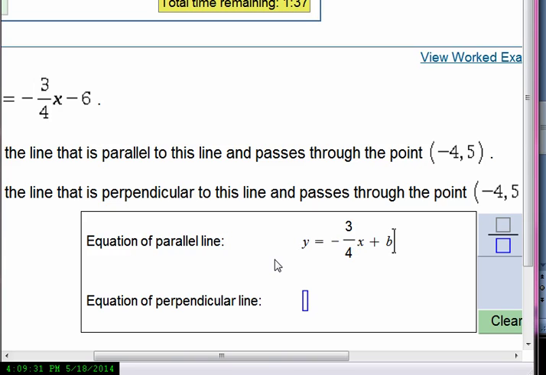The other way is to use an equation that I've given you for finding the equation of a line if you know the slope, negative 3/4, and you know the point. I'm going to do both ways. First I'll solve for b by plugging in 5 for y and negative 4 for x, and then I can rewrite the equation with the value of b, not just the letter b.